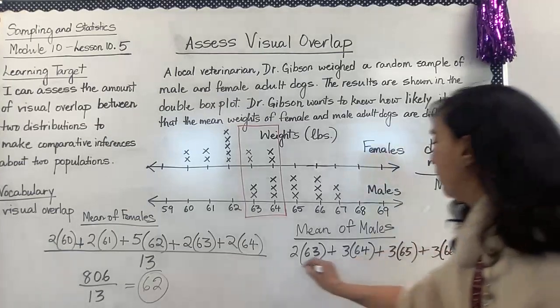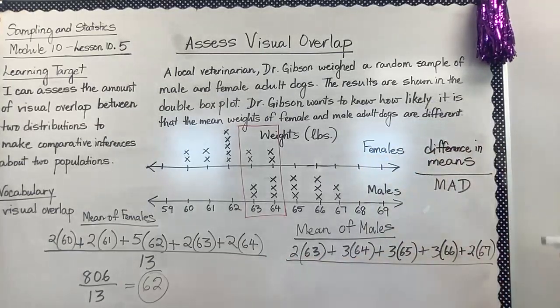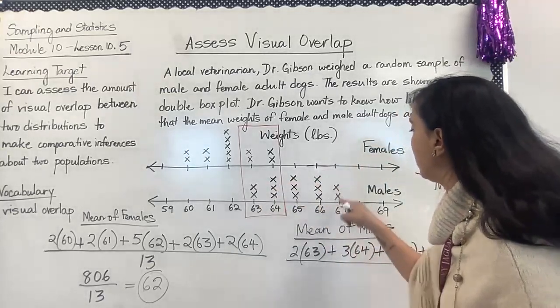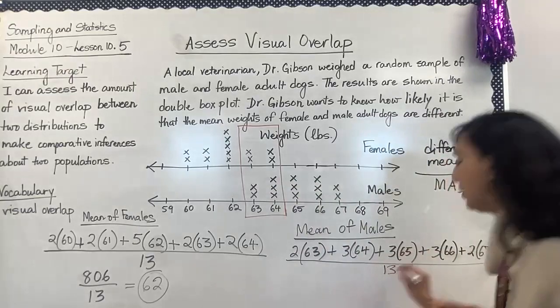Then we are going to divide this by how many males there are, which is again 1, 2, 3, 4, 5, 6, 7, 8, 9, 10, 11, 12, 13, divided by 13.